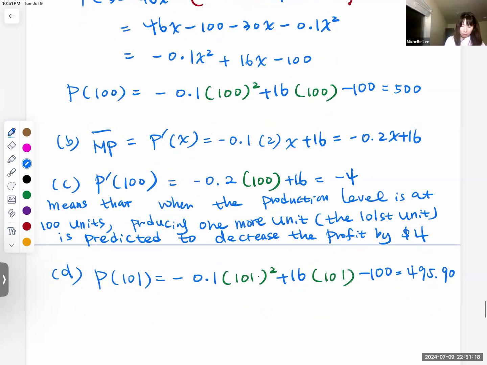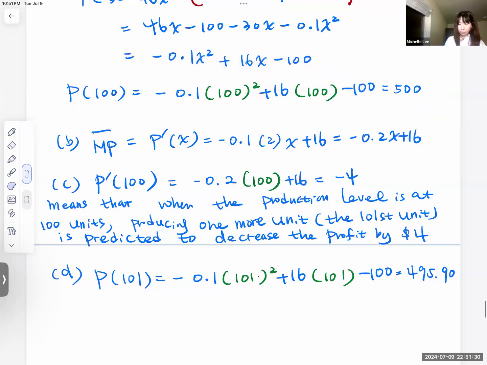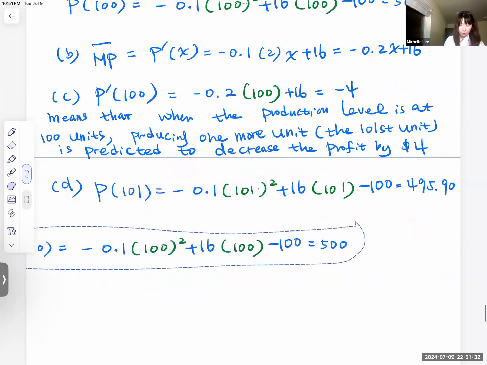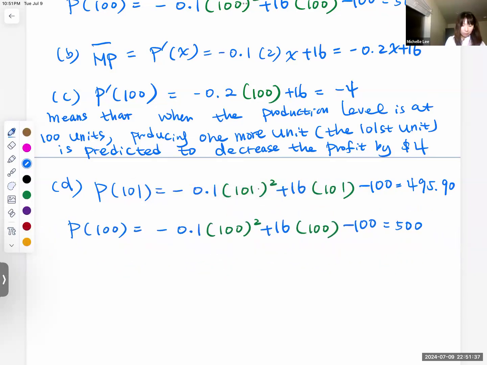Okay, now we knew P of 100. Let me just copy and paste. Okay, so P of 101 minus P of 100.